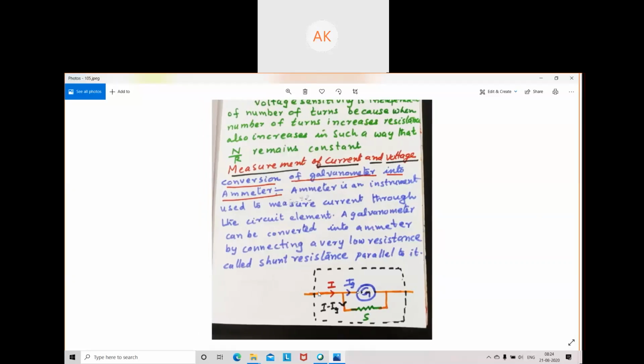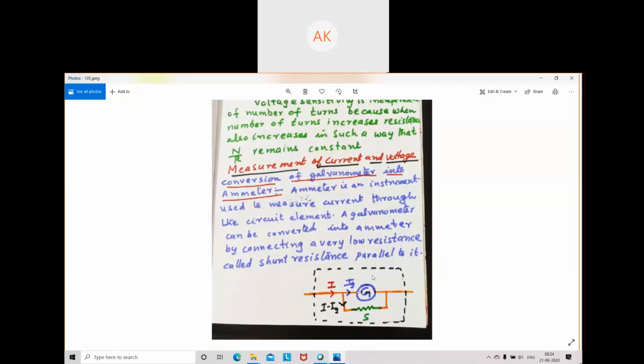So connection understood? Connection is simple, but calculation is there. What value of shunt resistance we should connect to the galvanometer to convert it to read a particular value of current, 0 to 1 ampere or 0 to 3 ampere. To what scale it should read.